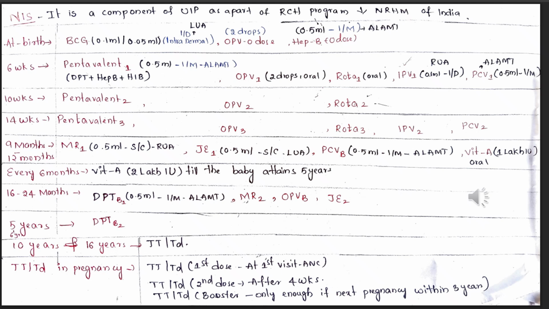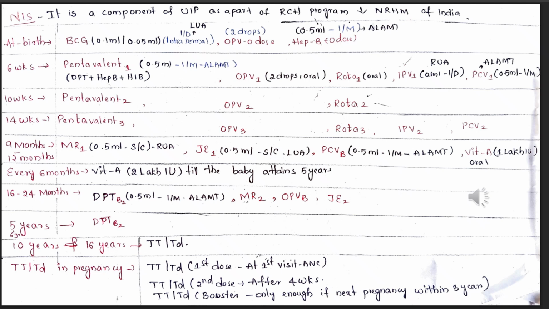So DPT first booster, MR2, OPV first booster, and Japanese encephalitis second dose will be given at 16 to 24 months. As far as JE is concerned, previously Japanese encephalitis used to be given only in endemic districts. But now in Telangana also we are giving this vaccine in the routine immunization schedule.